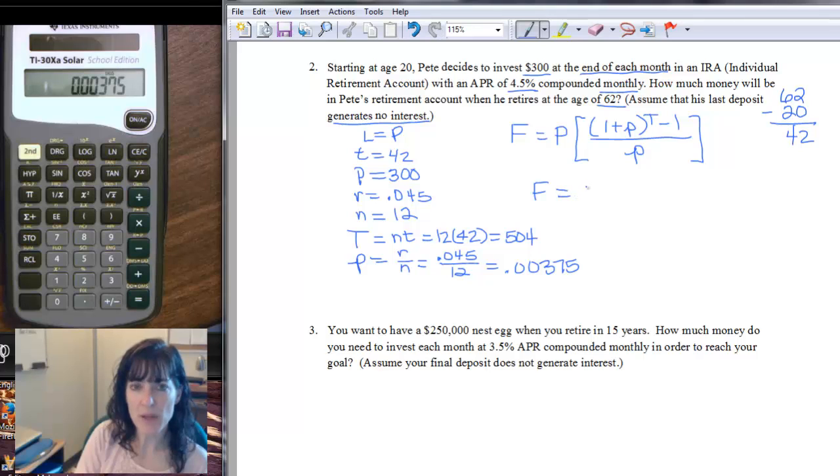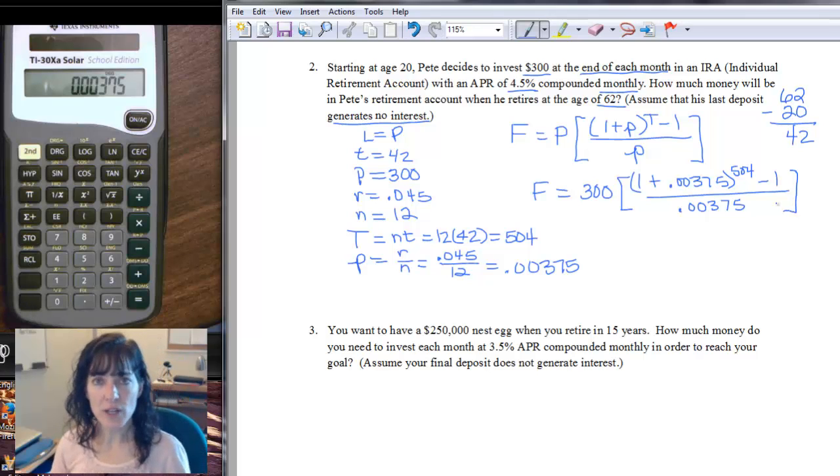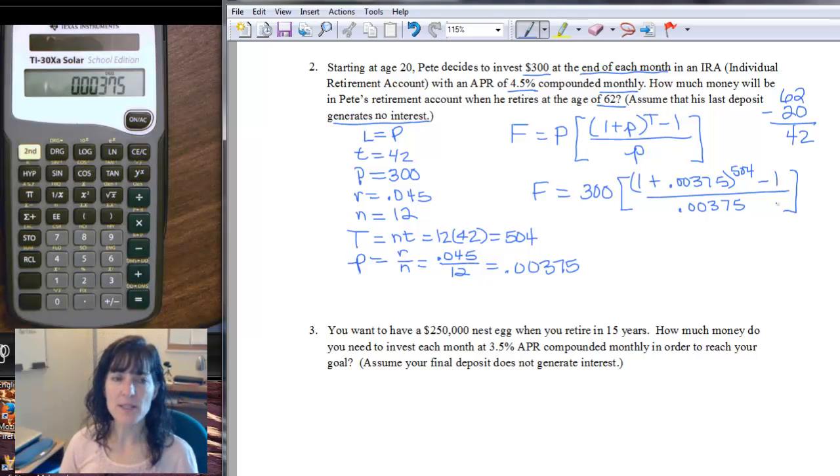F equals my big P, there it is, 300, times 1 plus little p, 0.00375, raised to the capital T, which was 504, minus 1, all over the 0.00375.